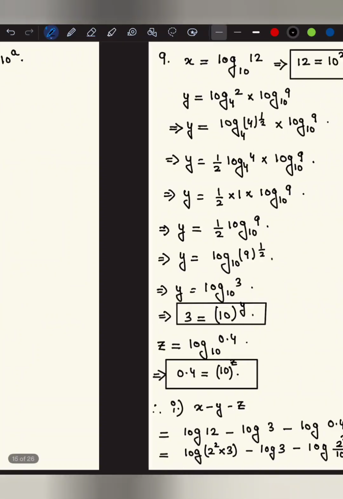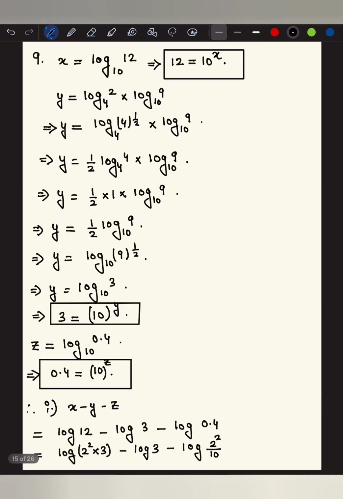Got it? Okay, let's come to the next sum, question number 9. Here we are given x equals log 12 base 10. That means 12 will be equal to 10 to the power x. Got it? Similarly, y is given as log 2 base 4 into log 9 base 10. So let's simplify it.